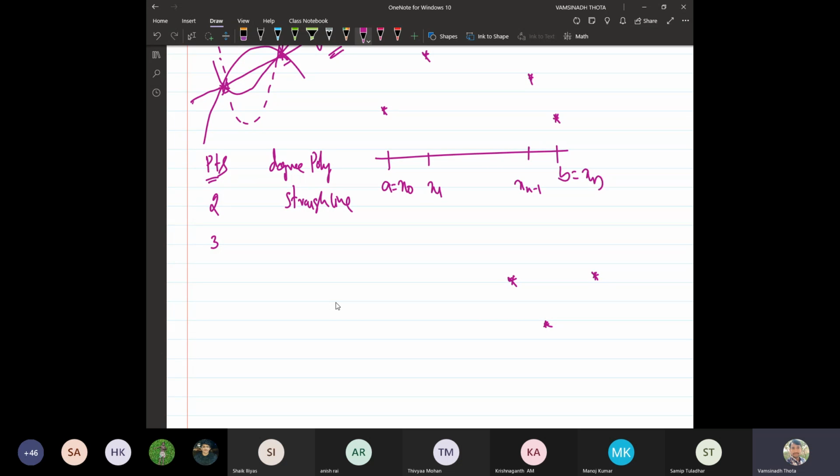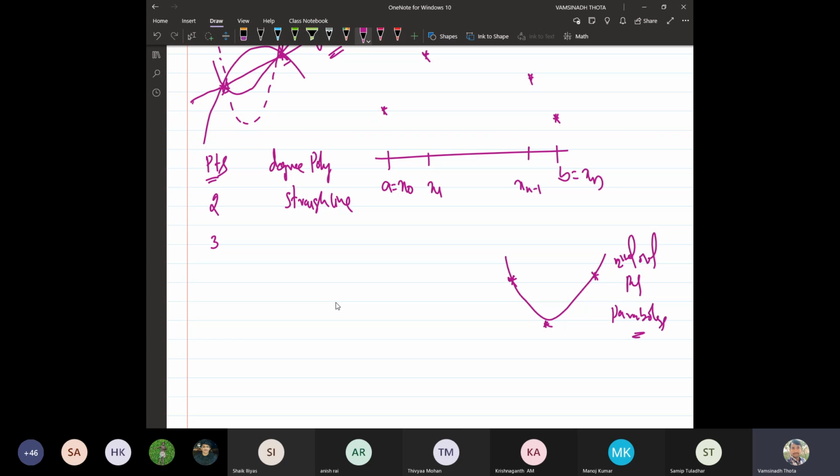Now, what about this one? Here also the uniqueness will come for the second order polynomial. Second order polynomials are nothing but parabolas, right?